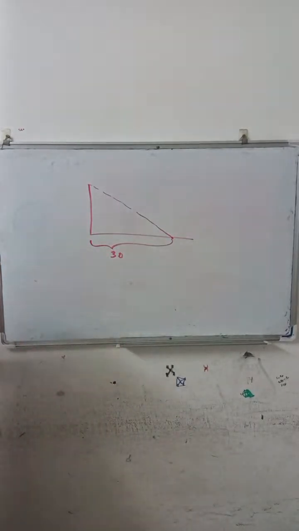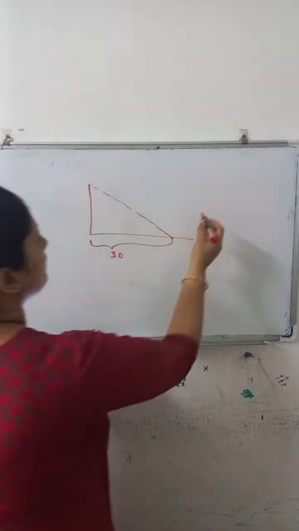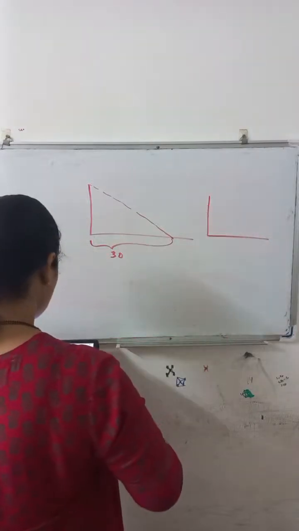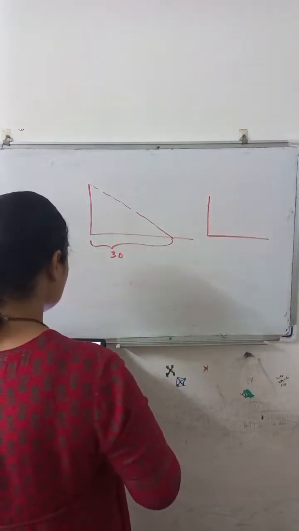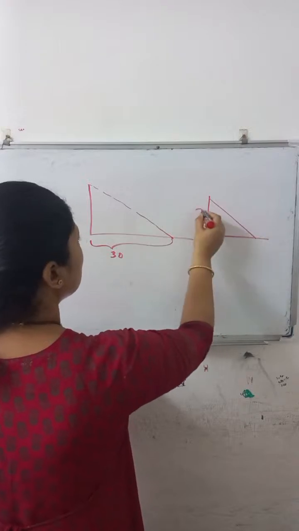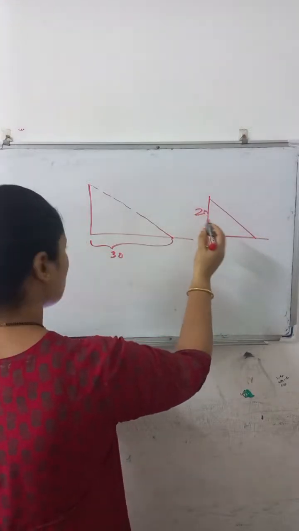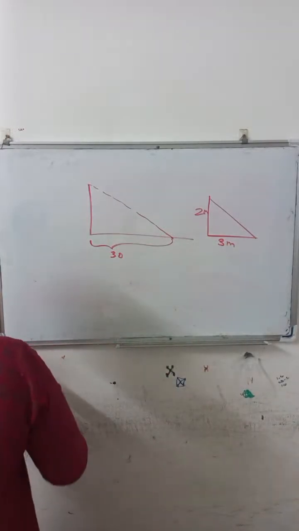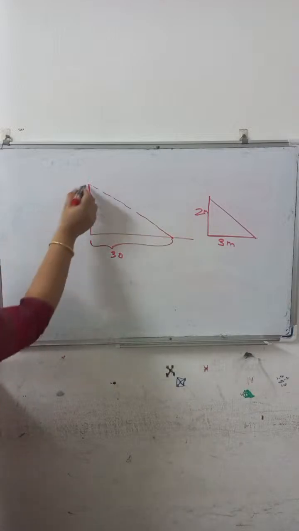And they are saying at the same time a 2-meter tall object nearby casts a 3-meter long shadow. So we took one 2-meter tall object and it casts a shadow of 3-meter. Then they are asking what is the height of the tower.